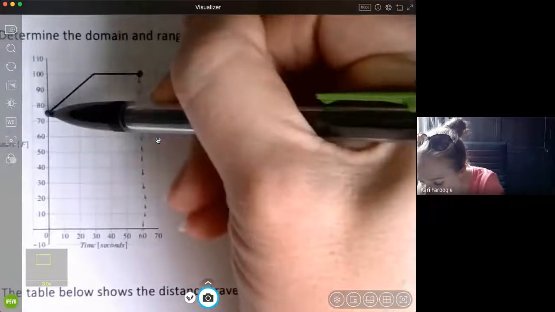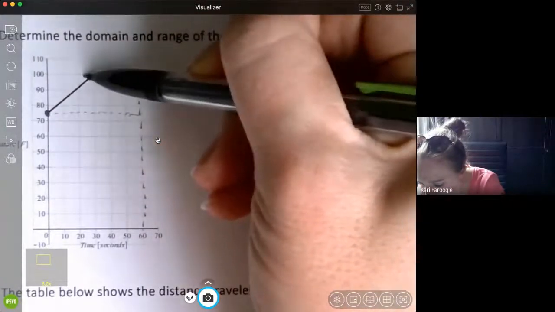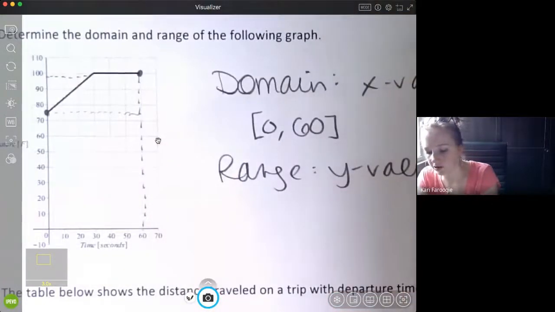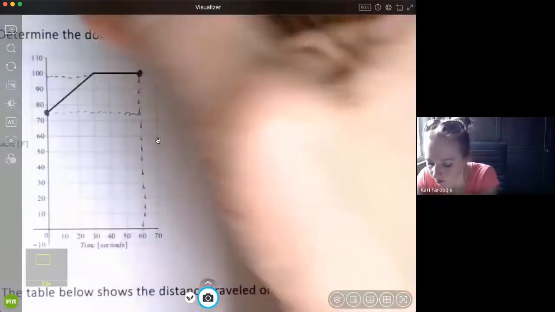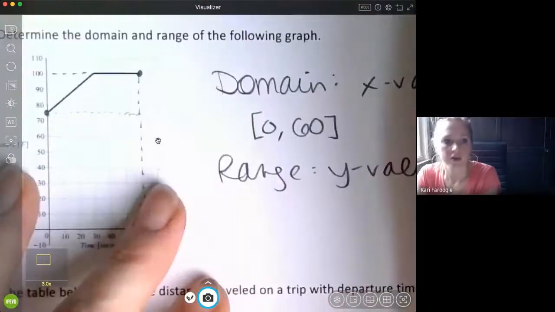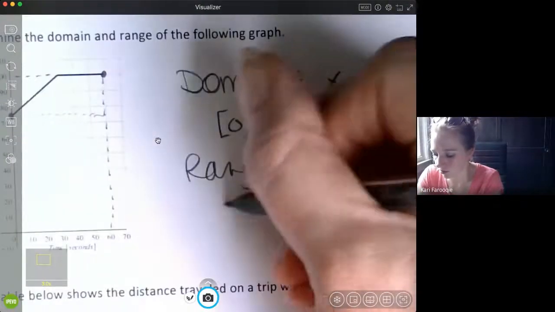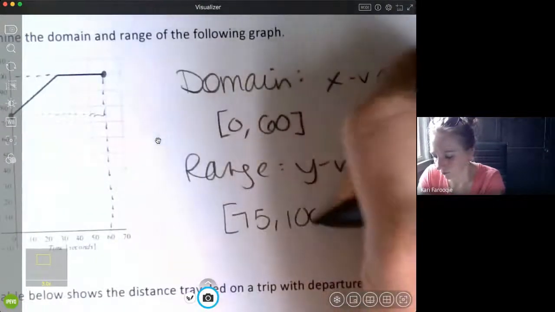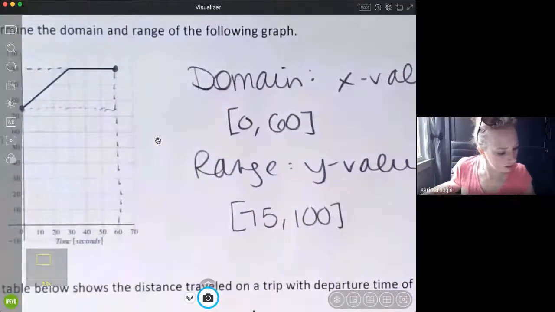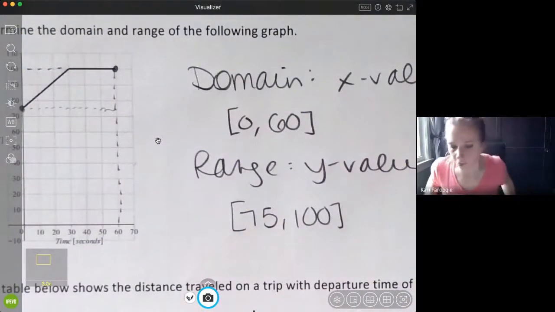So we have points that start here at about y equals 75, and then they go up to y equals 100. Sorry, my dots are a little bit low. I don't want that to be misleading. So we're going to use values that go from 75 to 100, and use a squared off bracket. I wonder what your key used. Yeah, they also use squared off brackets.